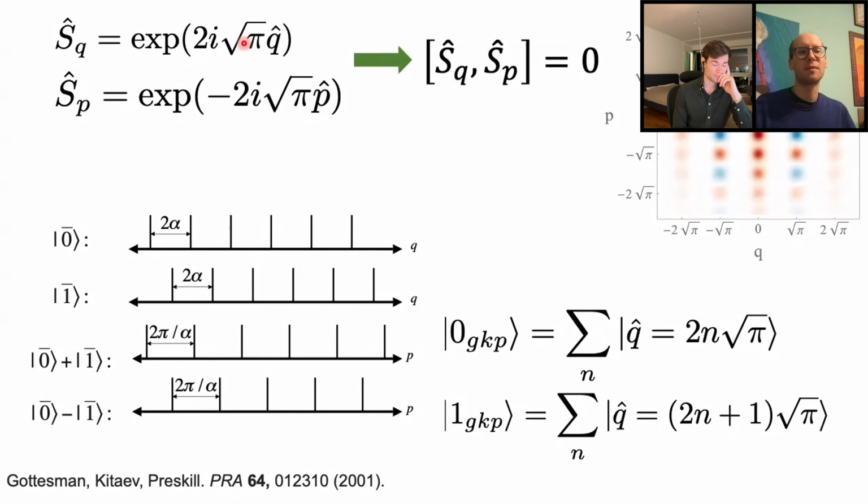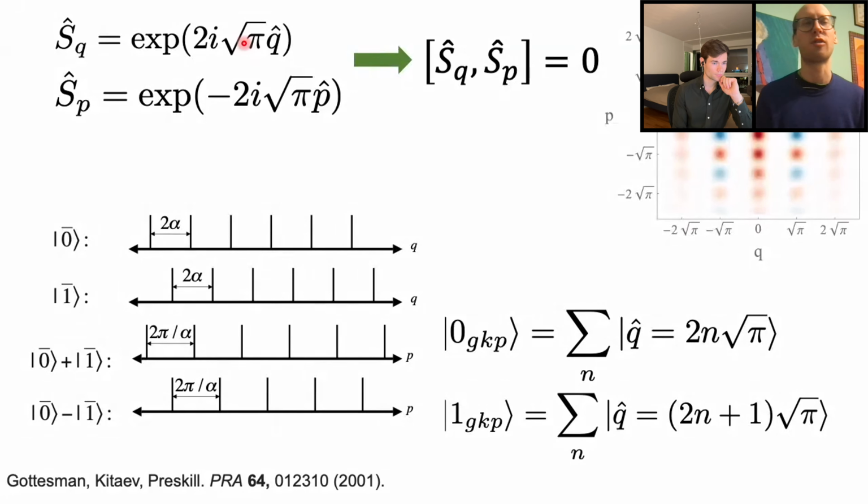So you can think of it in terms of information gain. You cannot simultaneously define and gain information about both position and momentum. But if you are gaining just information modulo square root of pi, you are not gaining full information.